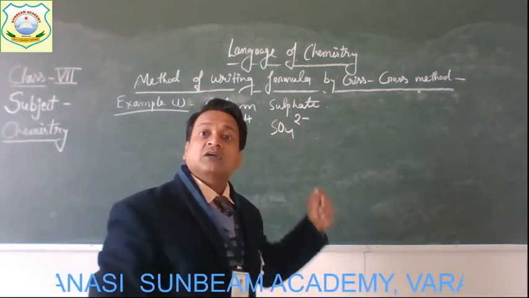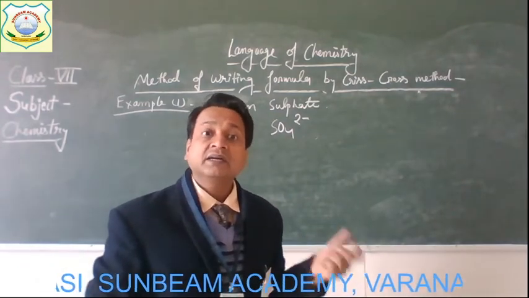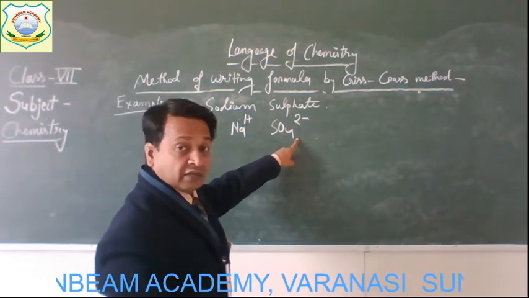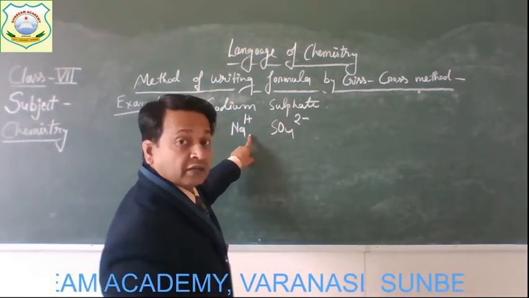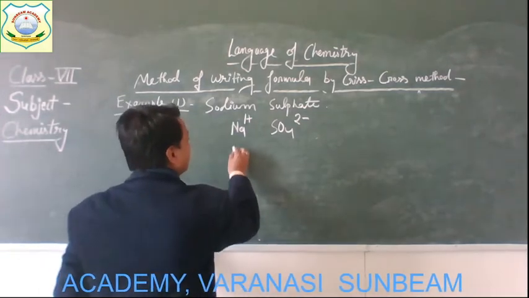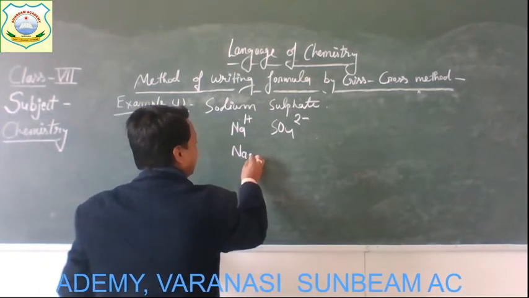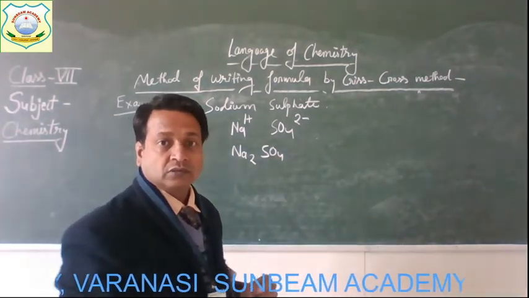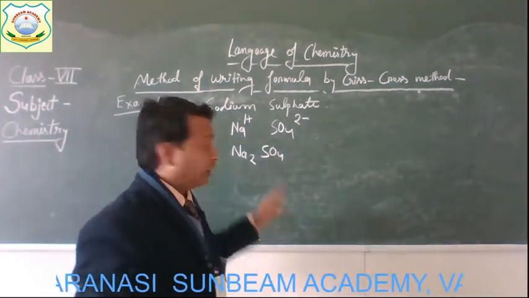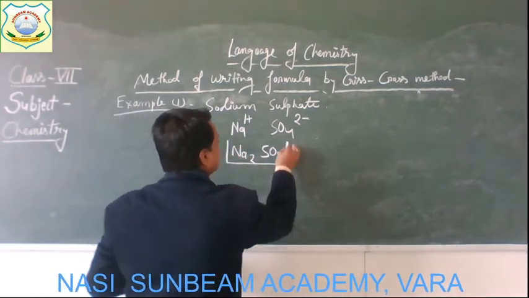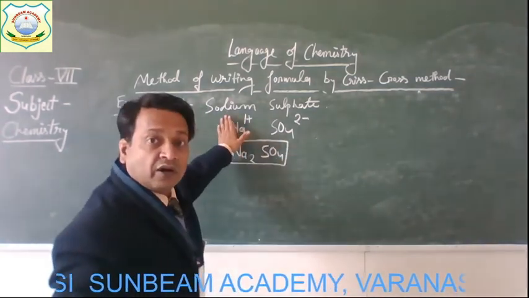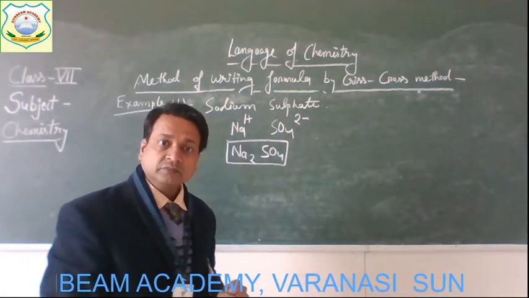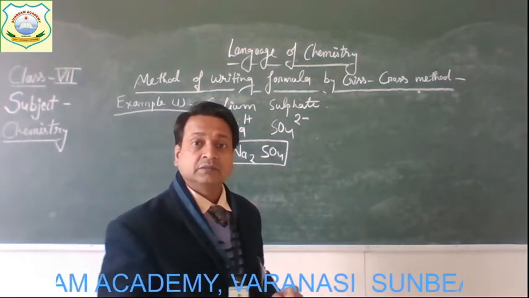Now cross the valencies and we will get the desired formula. While crossing the valency, this 1 comes here and this 2 comes here, and we get the desired formula, Na2SO4. So Na2SO4 is the formula of sodium sulfate. Understood?